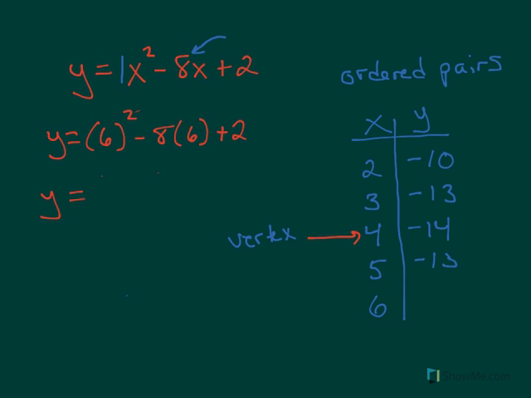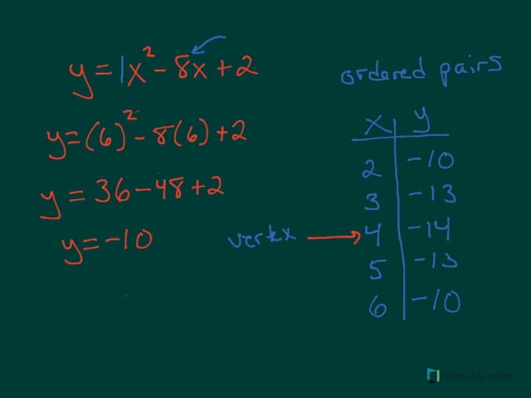So y should equal 36 minus 48 plus 2, and work that out, and we should get negative 10. So these are our 5 ordered pairs that will help us make a picture of this graph.